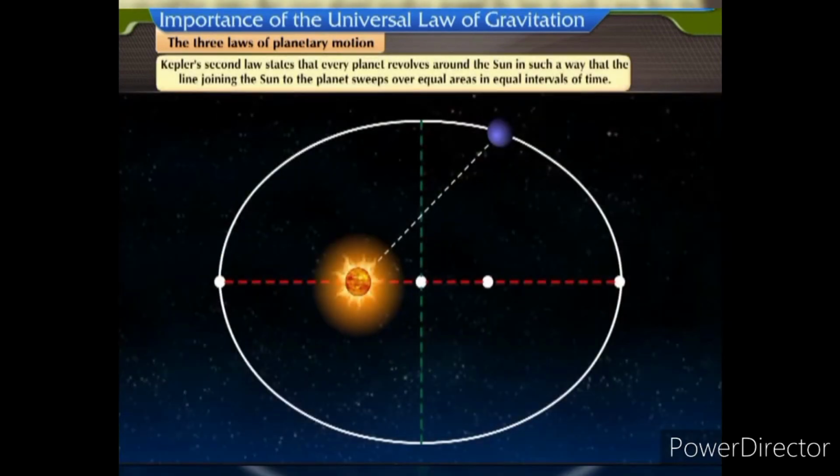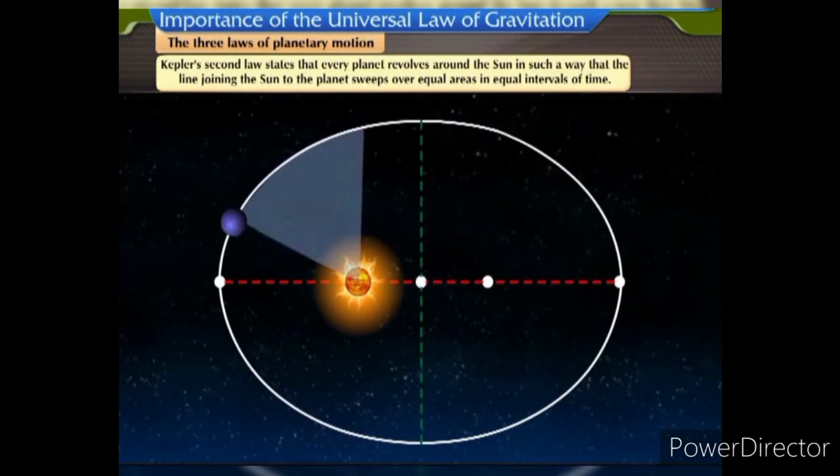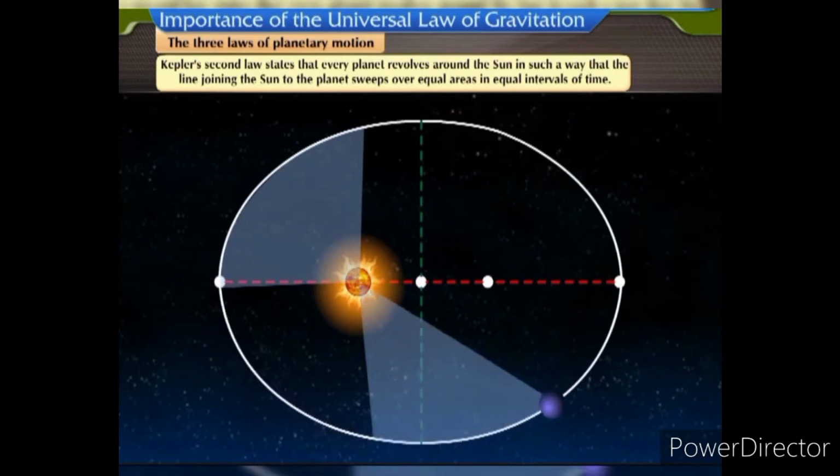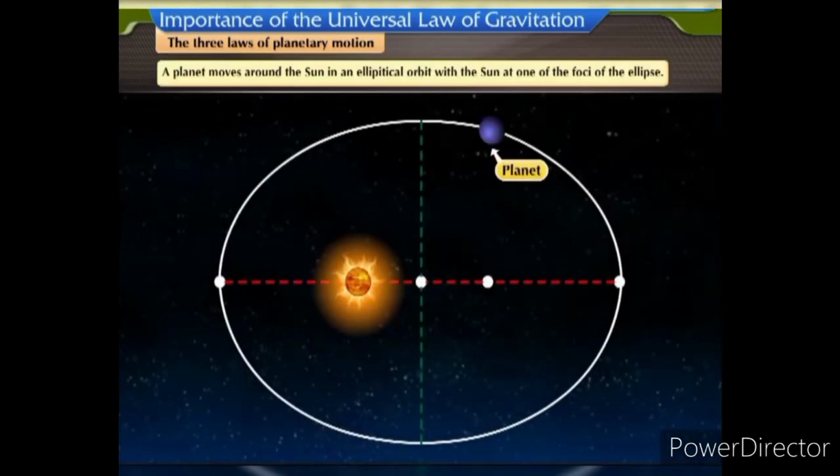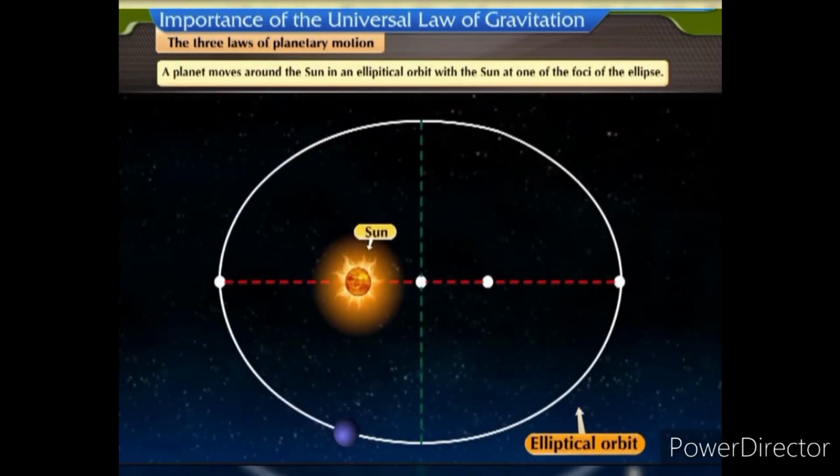Kepler's second law states that every planet revolves around the sun in such a way that the line joining the sun to the planet sweeps over equal areas in equal intervals of time. We know that a planet moves around the sun in an elliptical orbit, with the sun at one of the foci of the ellipse.